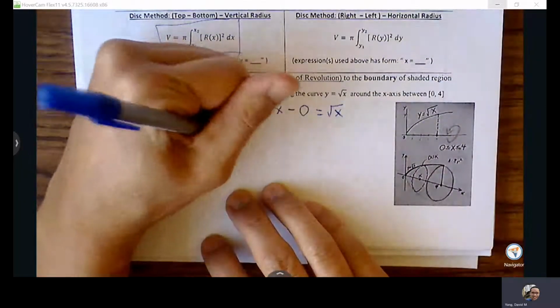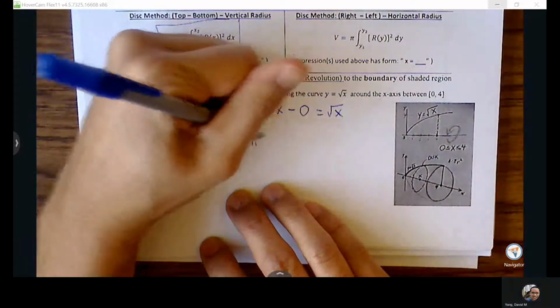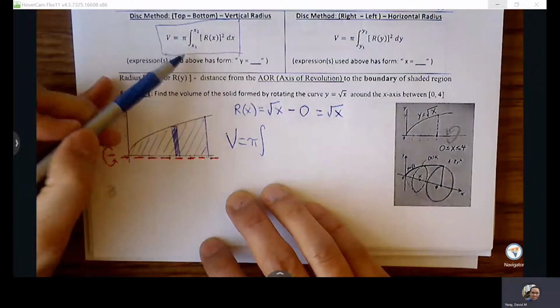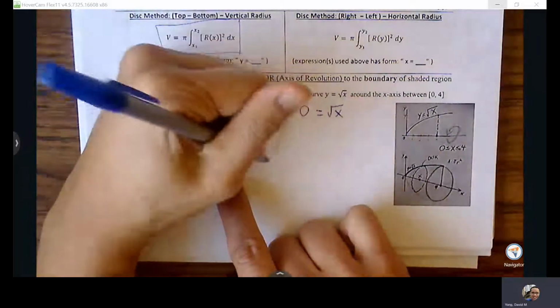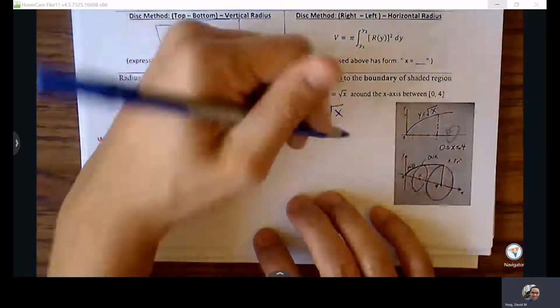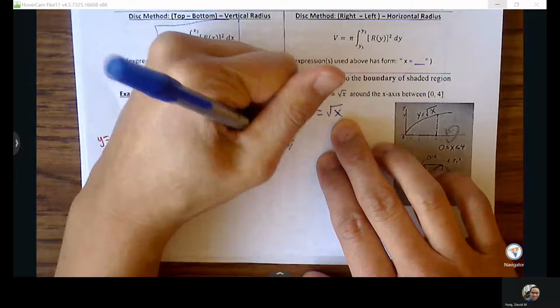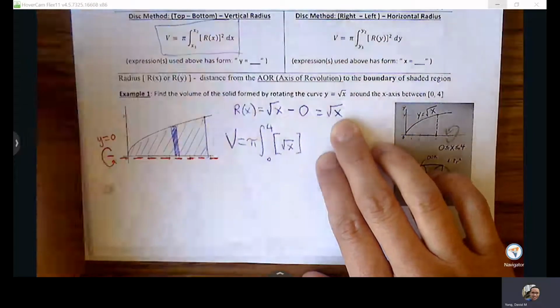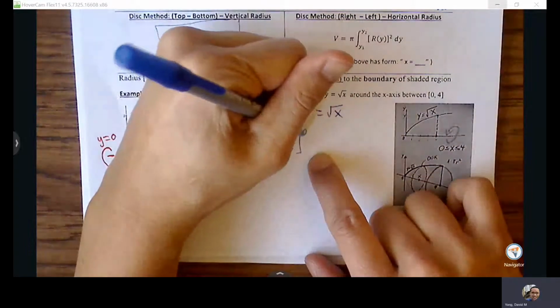All right, let's build our volume formula. Pi comes first. Definite integral from x1 to x2. What are the bounds again? 0 to 4. We're going to take the radius expression. I like to use brackets, but parentheses is fine. Insert your radius into your bracket, and we have to square it, right?